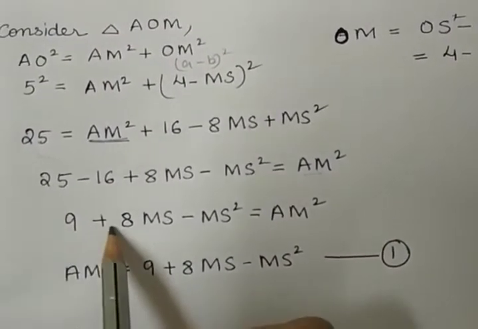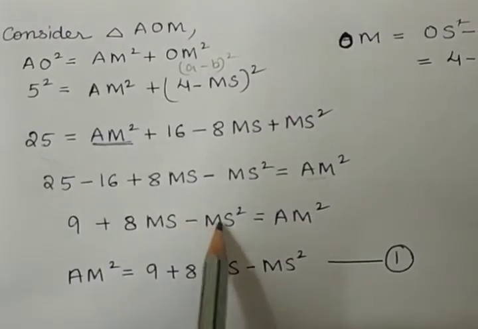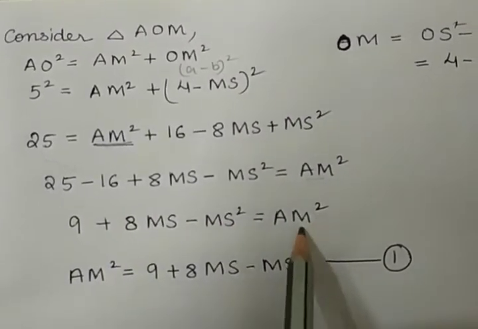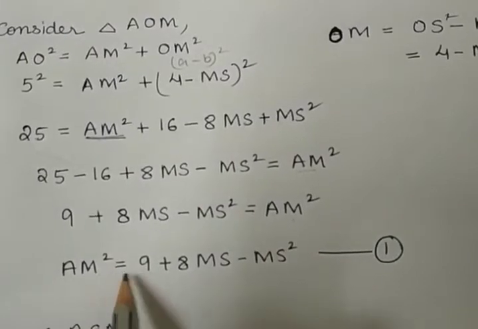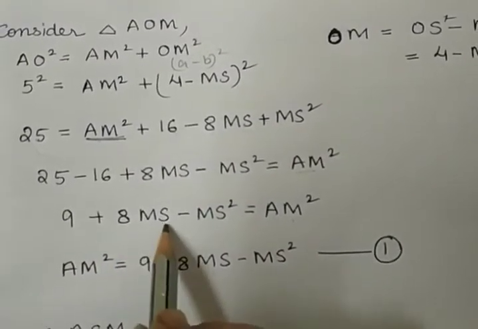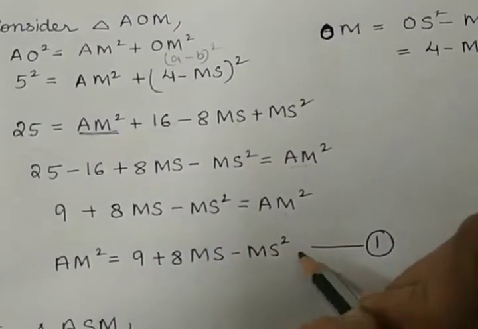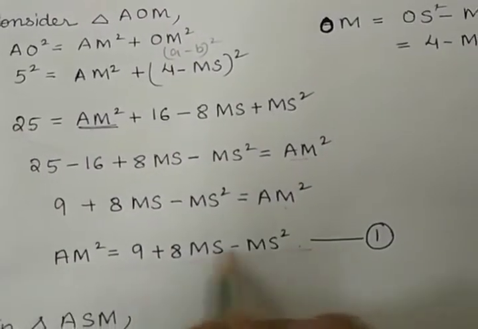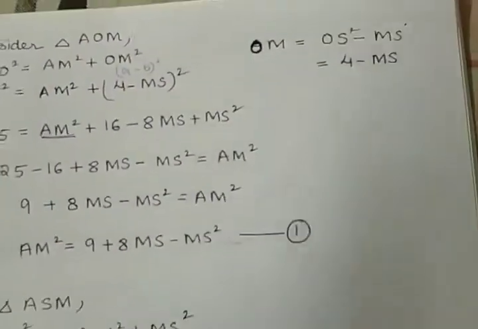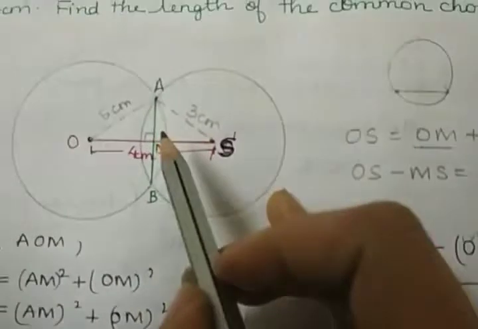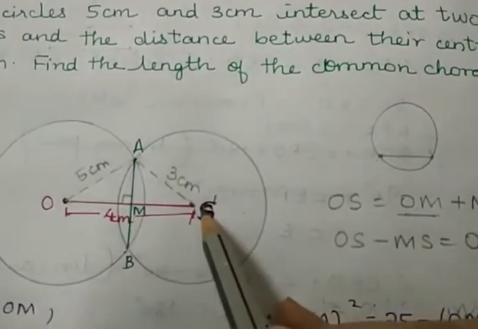So 9 plus 8 MS minus MS square is equal to AM square. So AM square is 9 plus 8 MS minus MS square. So I have expressed the equation in terms of AM square.